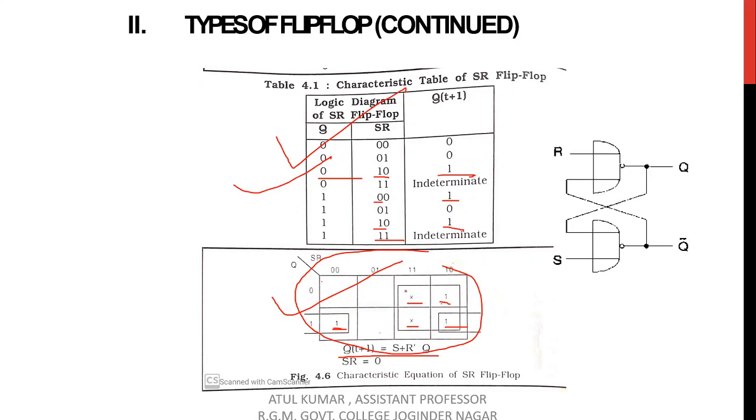So this is like a don't care condition. We can use it as a 1 to make a quad in the K-map. So one quad is created like this, and the second we pair like this.